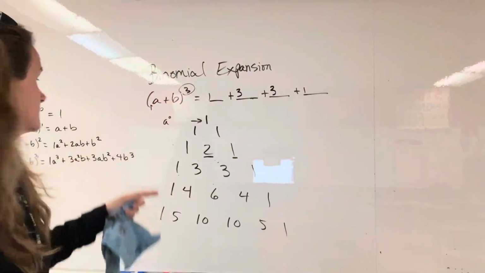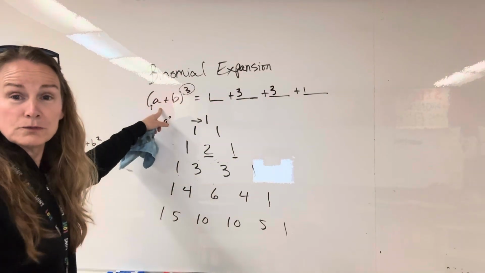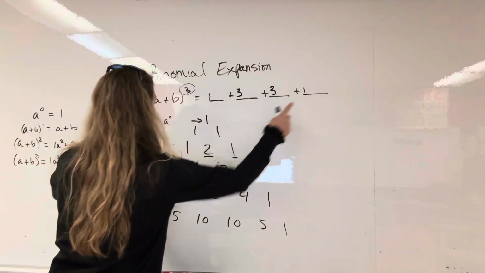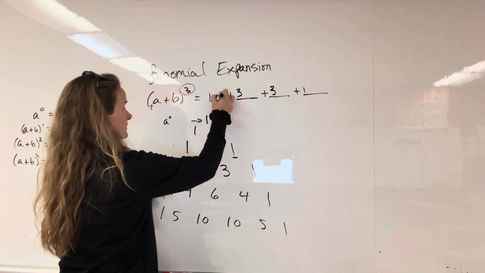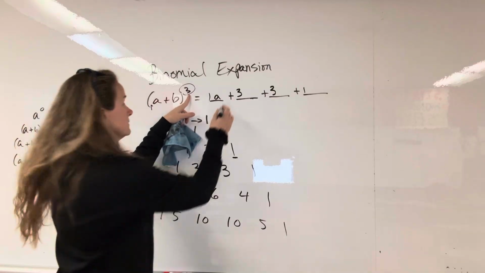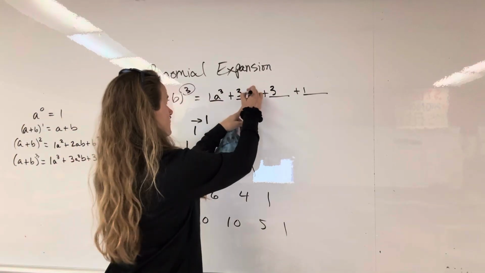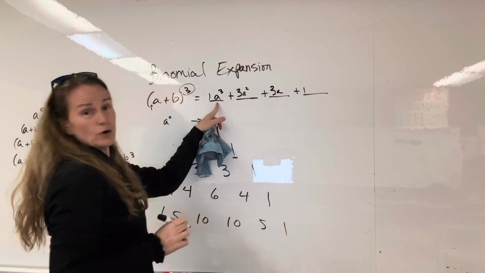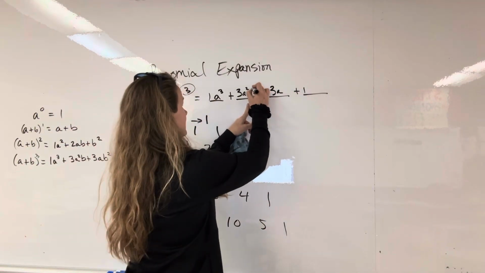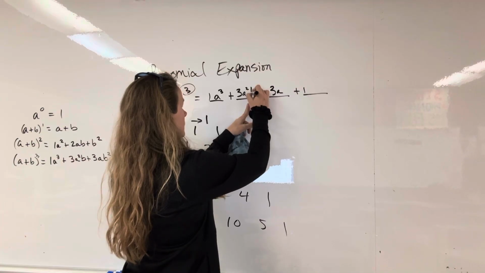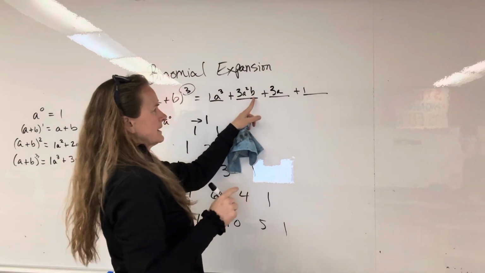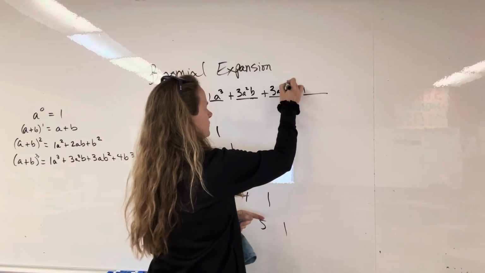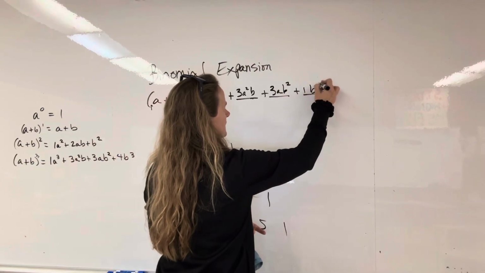We want you to expand a plus b cubed, you would go, okay, well, I'm going to go to this, get my coefficients, and then I know this one's just going to be a cubed, and then my a's are going to descend in power, no a there, and then no b in the first term, and then my b's are going to ascend. So b to the 0, b to the 1, b squared, and then b cubed.